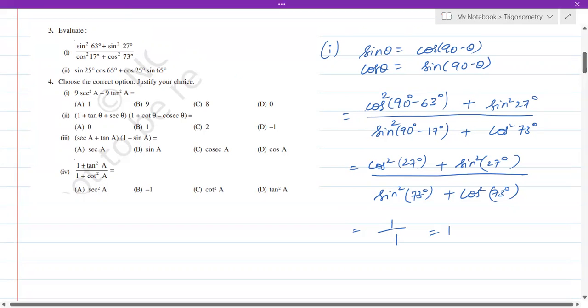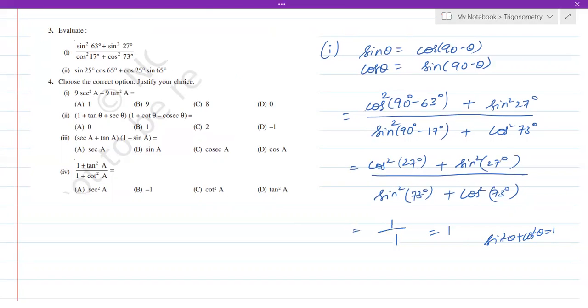So remember, in this problem, we have changed one term in the numerator and one term in the denominator. Then we have used the identity, sine square theta plus cos square theta is equal to 1. Now let's get into the next problem.